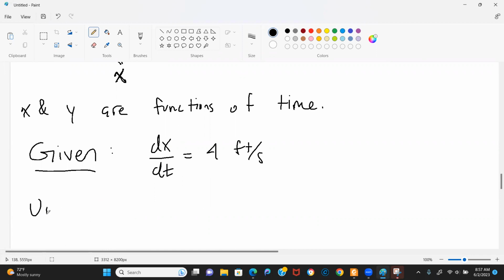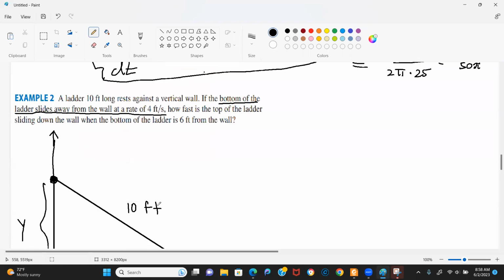And then what is unknown, or what are we trying to find? We're trying to find how fast the top of the ladder is sliding down the wall when the bottom of the ladder is 6 feet from the wall.